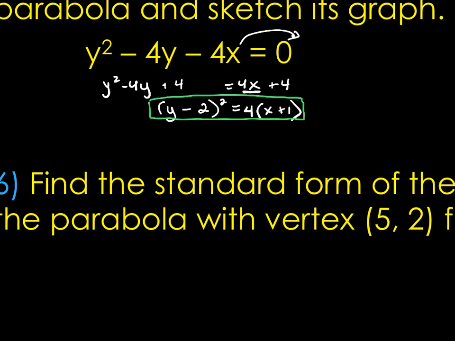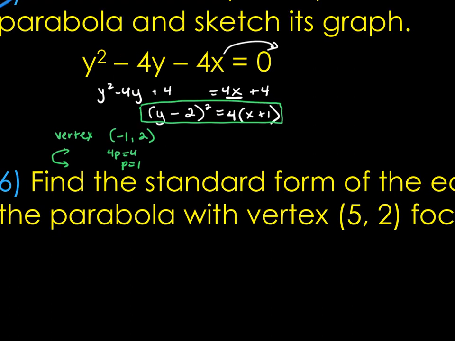Now identify the vertex. If it's a parabola, it will tell you what to identify. So vertex is the first thing: negative 1, 2. If the y is squared and the p is positive, this means this is a parabola that's pointing to the right. If 4p equals 4, then p equals 1. Now I go to the graph.